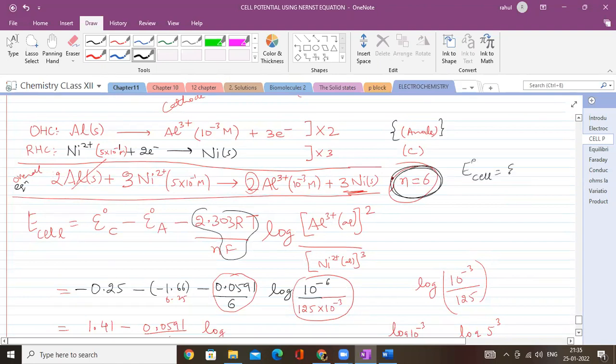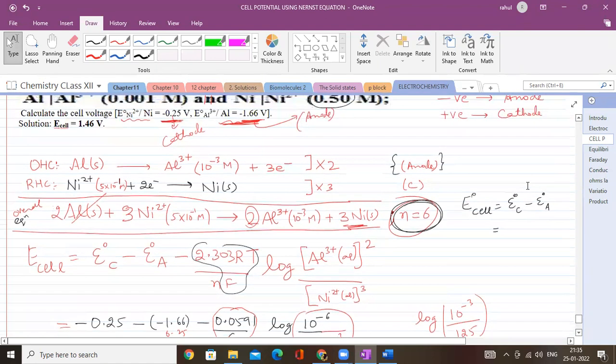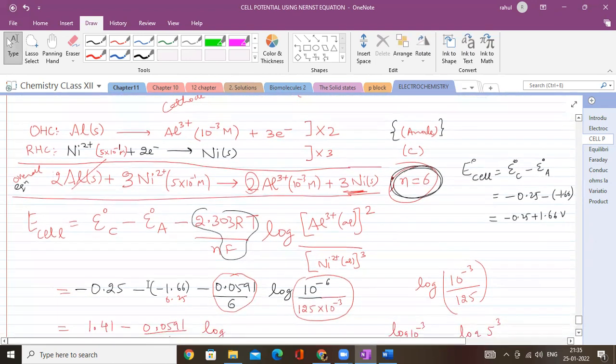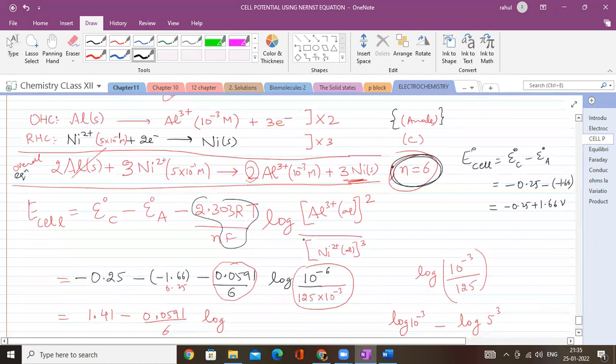So E naught of cathode minus E naught of anode: at the cathode we have nickel, the value of nickel is minus 0.25, and this is minus 1.66, of course volt. So minus 0.25 plus 1.66 volt, which comes out to be 1.41 volt.